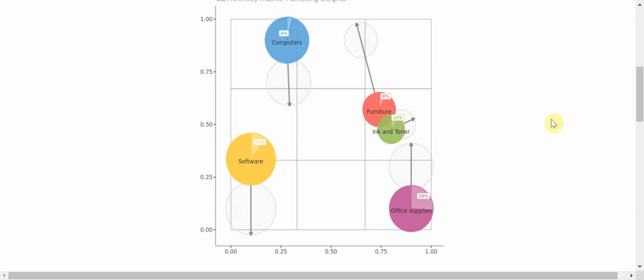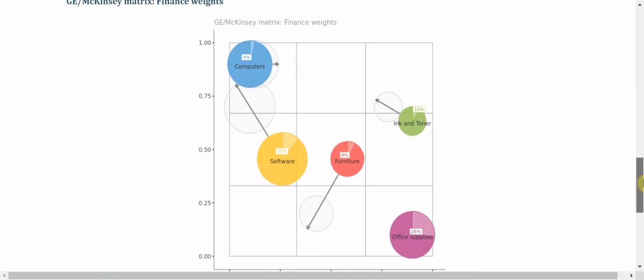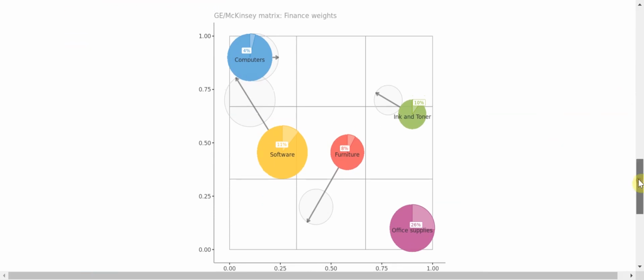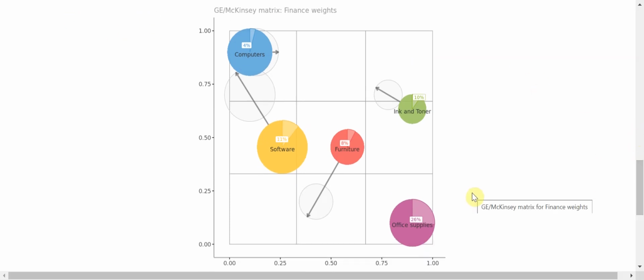We may have more time to discuss the insights from this matrix later, so I will keep it short this time. And this is another representation from the finance weights. You can see that things are a little bit different.